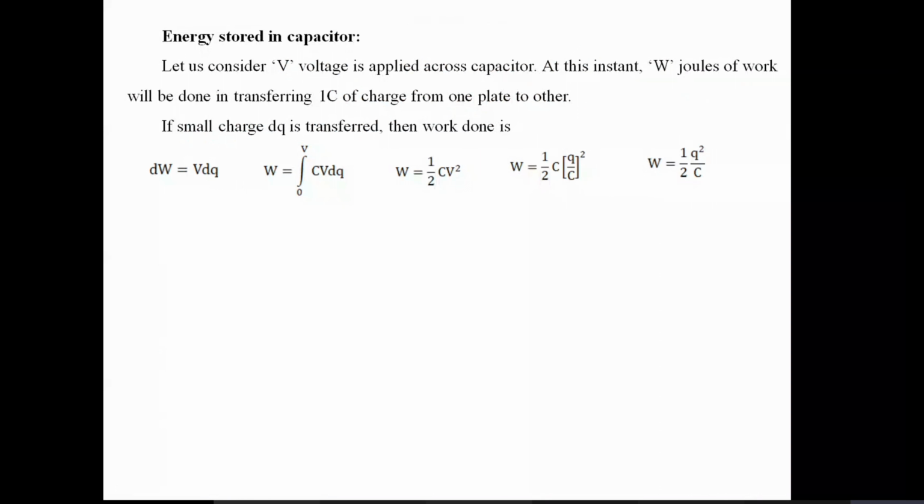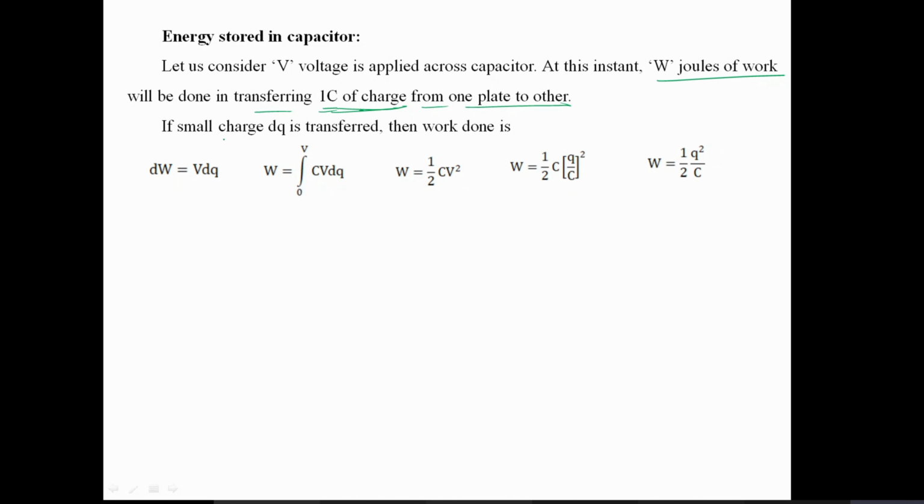Then energy stored in the capacitor. We already studied that the capacitor stores static energy, right? So let us consider a voltage V applied across the capacitor at this instant, and let W be the joules of work done in transferring 1 coulomb of charge from one plate to another plate.